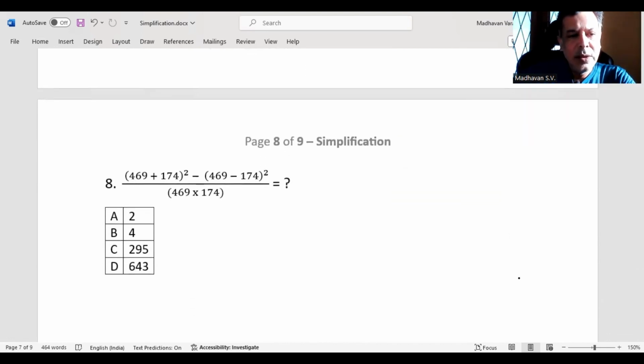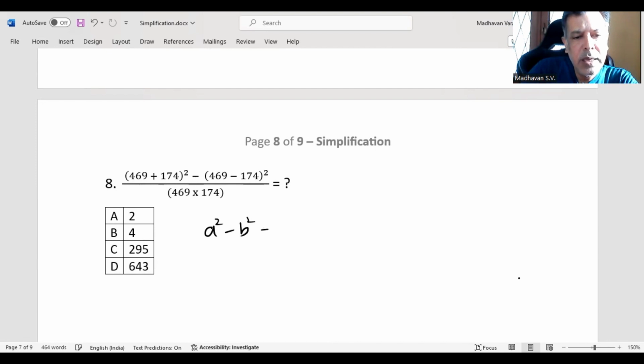469 plus 174 the whole square minus 469 minus 174 the whole square, divided by 469 into 174. The numerator is like a square minus b square, which will give you a plus b into a minus b.